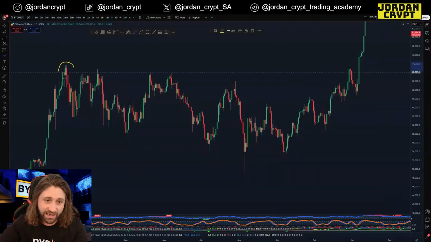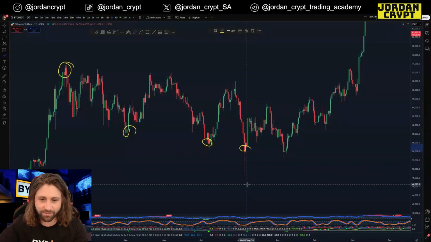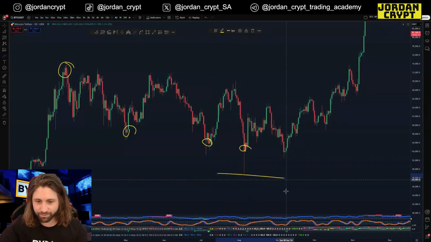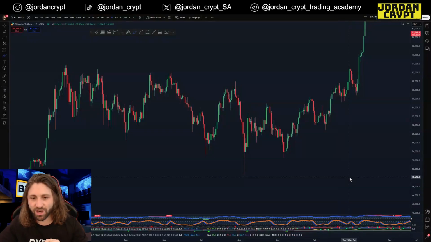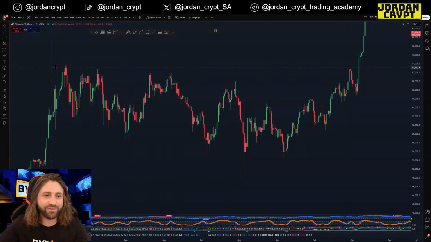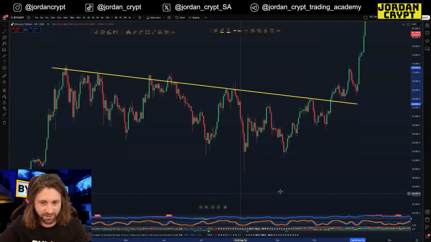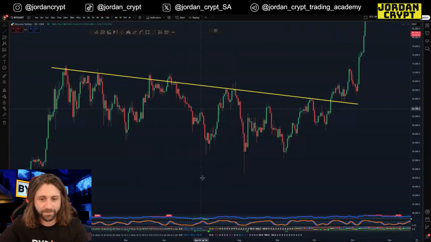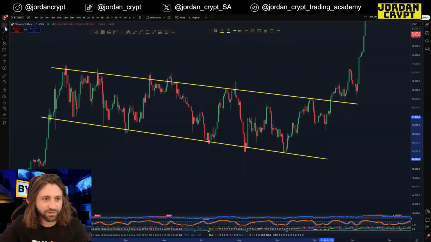Here we can see some high pivots, and of course we can see some low pivots, as well as some beautiful turnarounds at the bottom of the wicks. Very important, try to always use very clear support and resistance when you are drawing in these parallel channels. Here we can see a very, very clear level of resistance. Here we can see a very, very clear level of support.